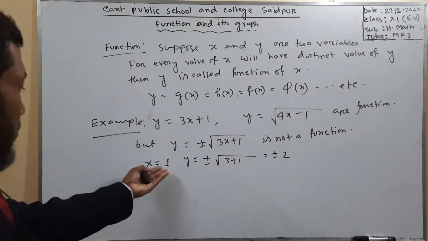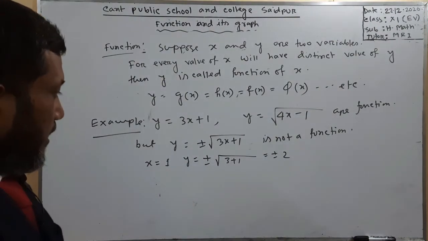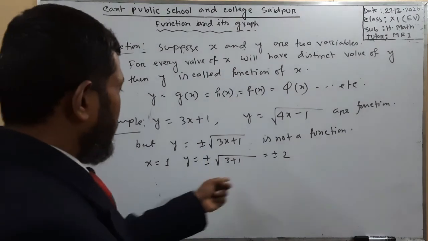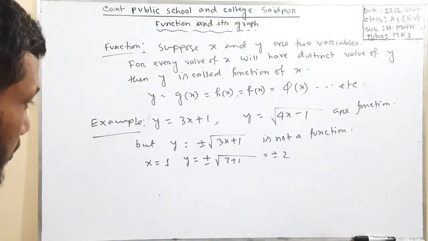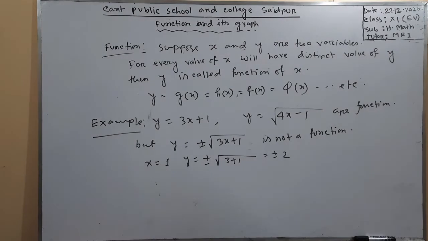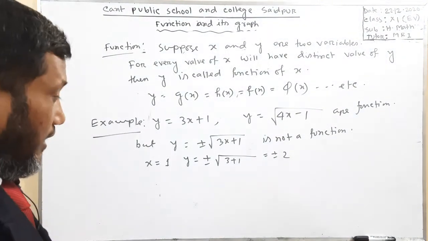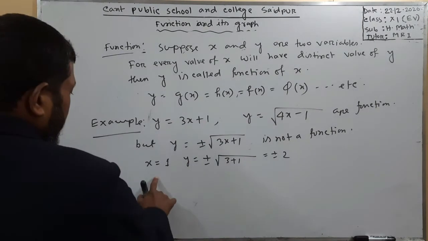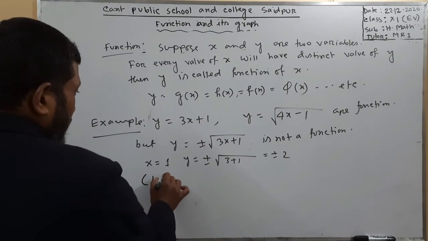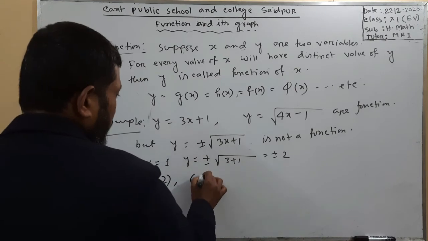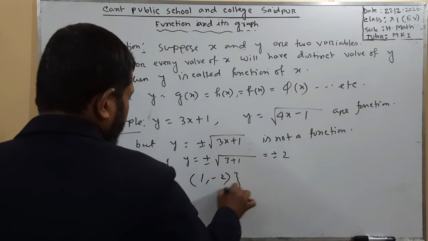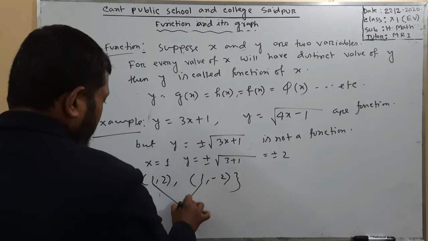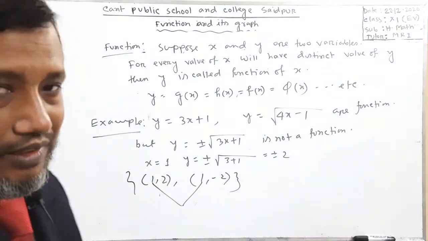For one value of x we get two values of y. This is not a function, because if we write in the form of ordered pairs, suppose 1 is the domain, then we get (1, 2) and (1, -2). Here the first element is the same, so this is not a function.